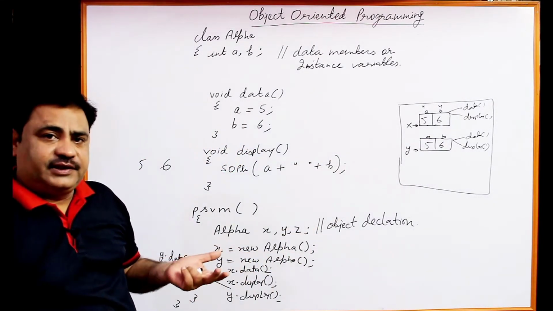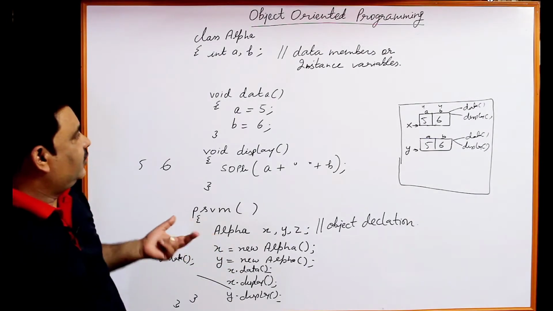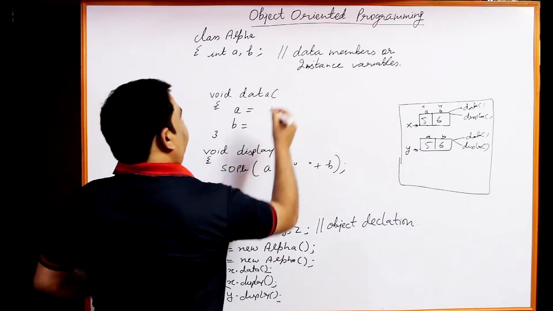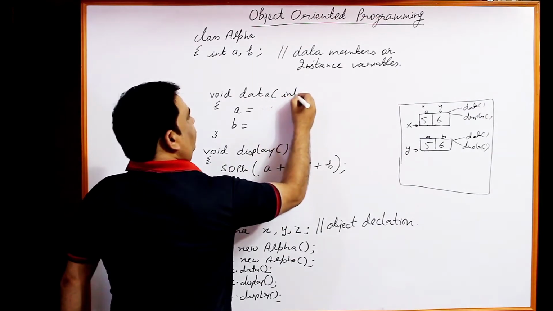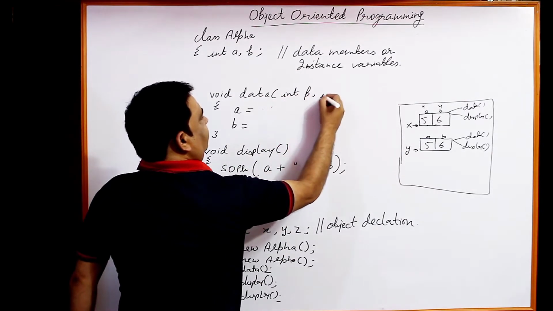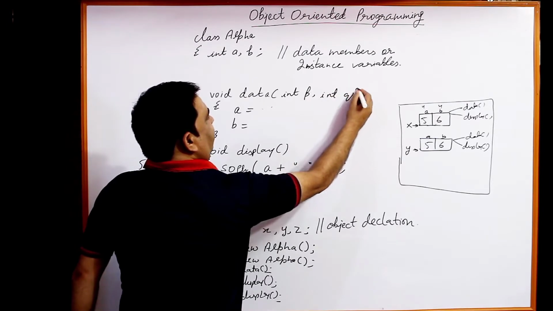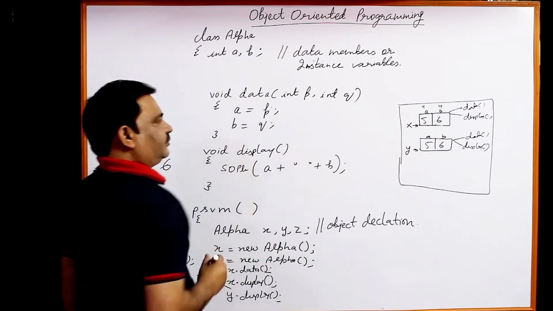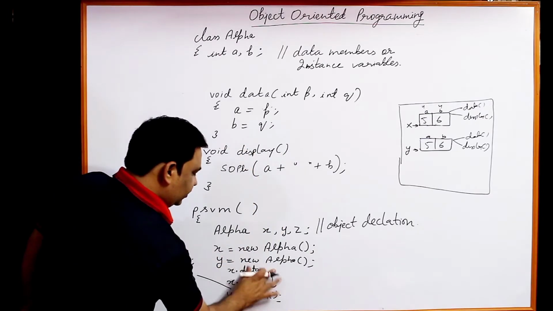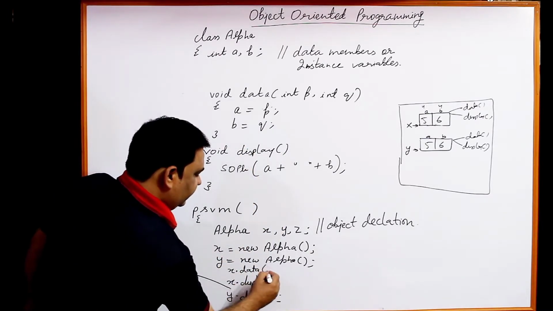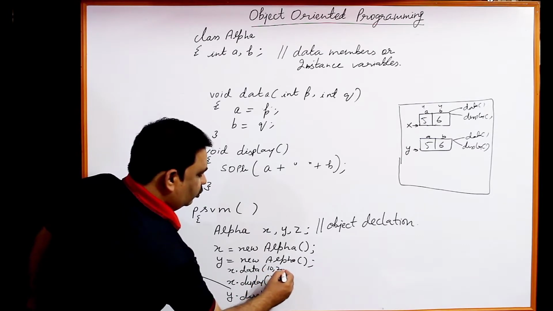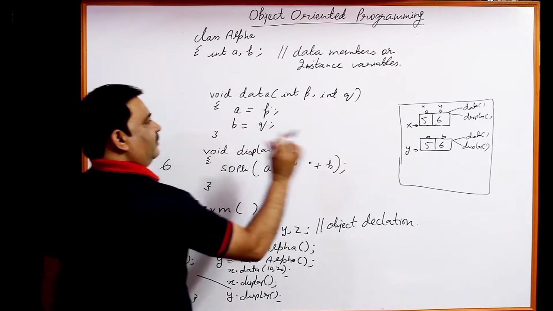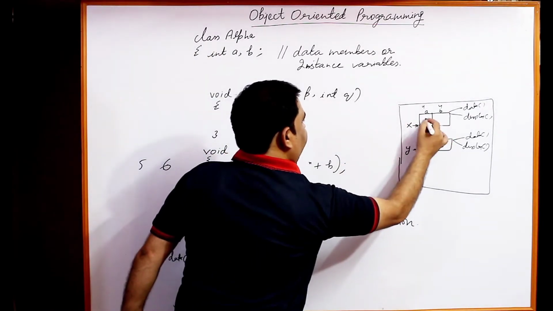If we have to initialize with different values, then what we have to do? We can make little change in the function. Here we can take two parameterized variables, int p and q, a equal to p, b equal to q. So when we call data function x dot data, we can supply 10, 20 two different values to this, and a and b will be initialized with 10 and 20.